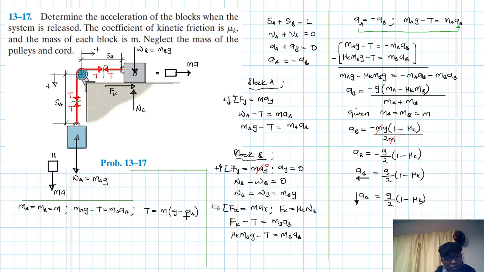Alright, so we have a_A in there. Let's replace a_A. We know that our a_A, this is our a_A going down. We calculated this coming from this. This is equal to g divided by 2, then 1 minus mu_k.